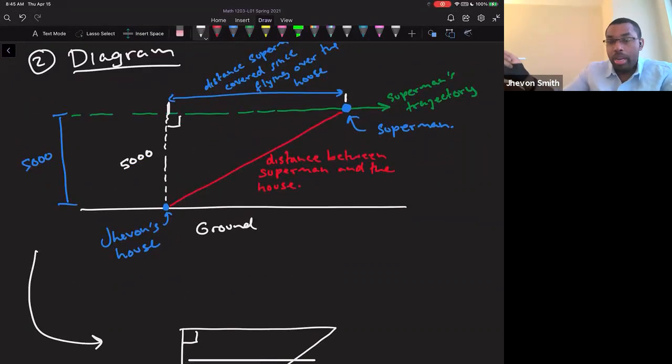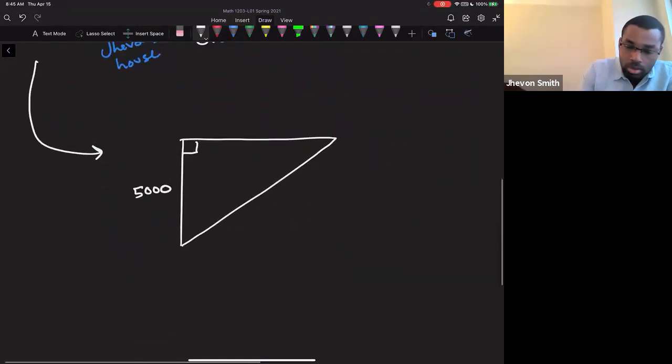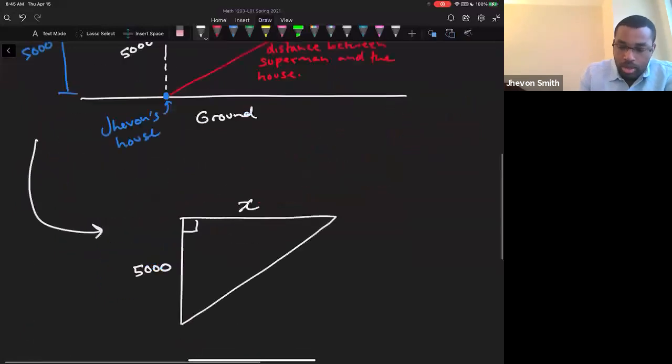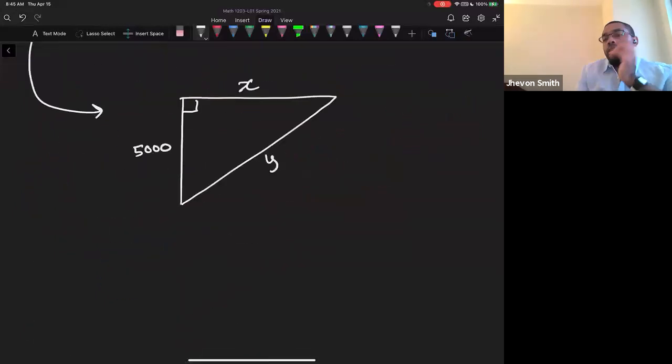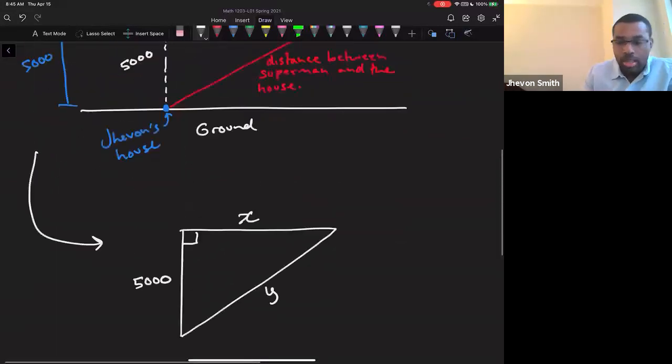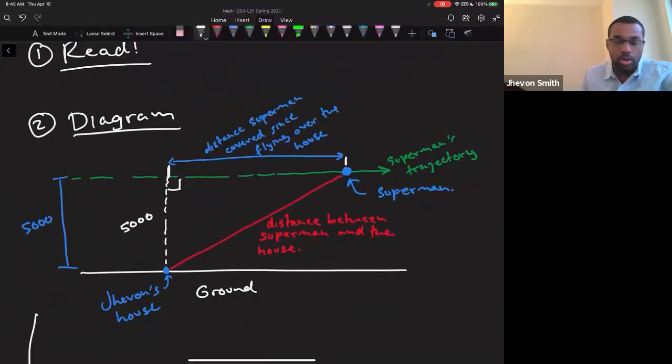In fact, it's getting bigger. So I'll label that with a variable because that's changing. The 5,000 is not changing because he's maintaining altitude. And the distance between Superman and the house, well, that's y, isn't it? Right, so that's also changing. In fact, that's also increasing because it gets longer the farther away Superman flies. All right, cool. So that's our diagram, right? And this is me reading the problem, kind of slowly figuring out the situation.